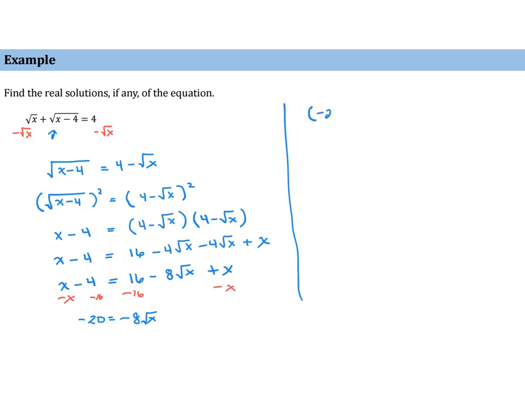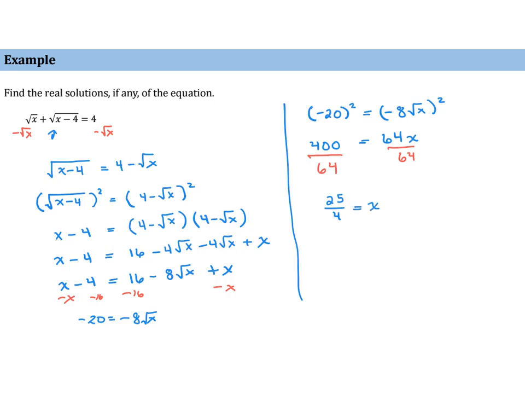So we're going to square negative 20, and we're going to square negative 8 root x. So the square of negative 20 is positive 400. On the right-hand side, 8 squared is 64, and square root of x squared is just x. Divide both sides by 64, and we obtain 25 over 4.